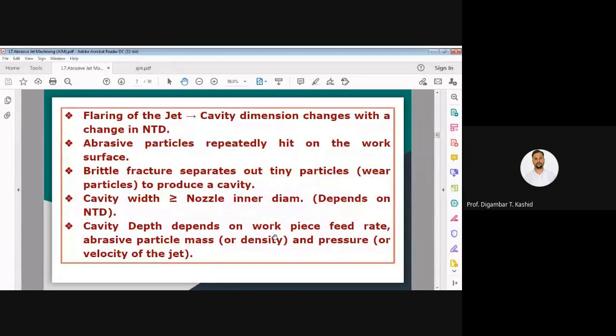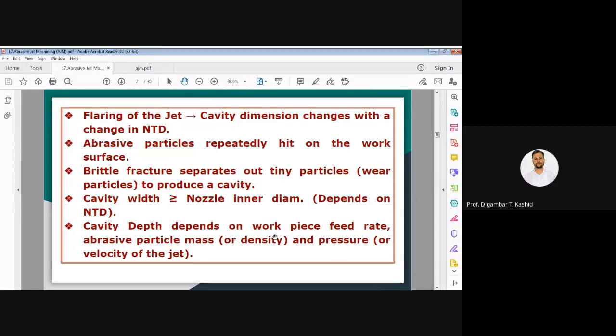So I repeat, as abrasive particles repeatedly hit your workpiece surface, you will get the desired shape. The cavity width will be greater than or equal to your nozzle inner diameter.